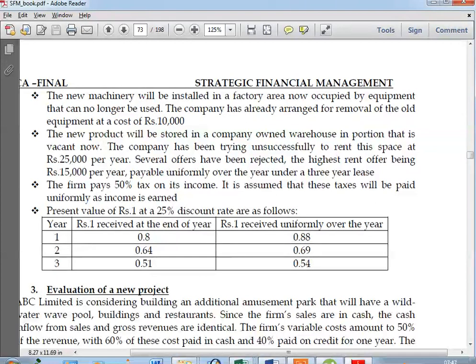Average of 12-month discount factor. Month 1 discount factor equals 1 divided by 1 plus monthly discount rate.